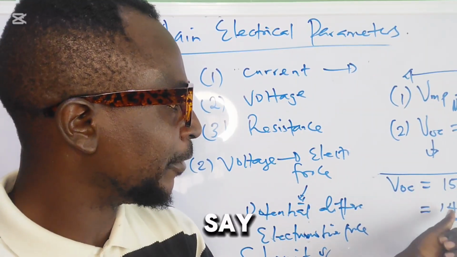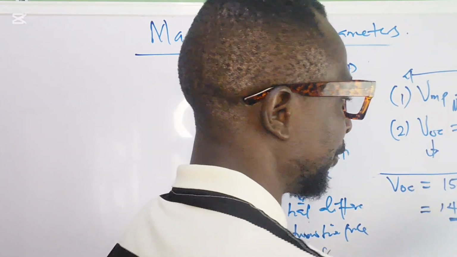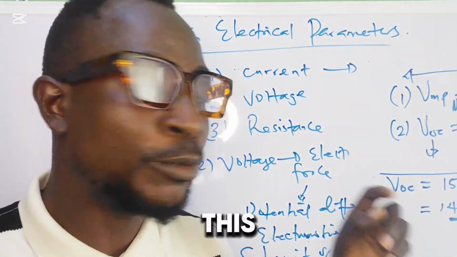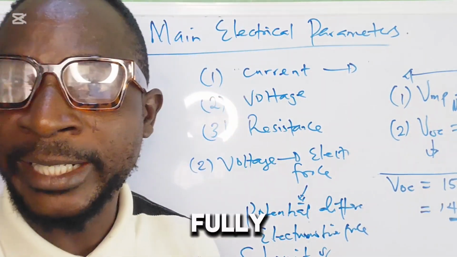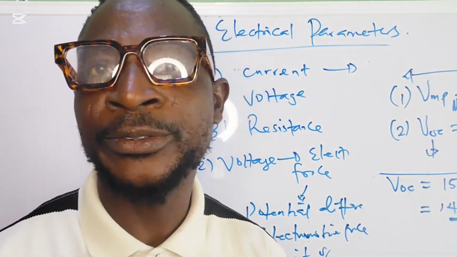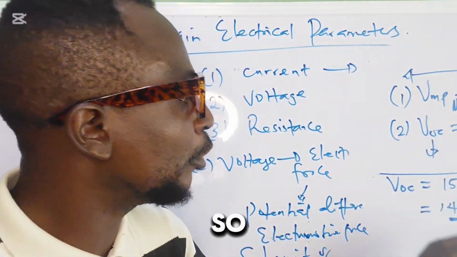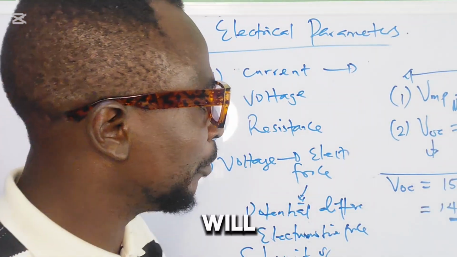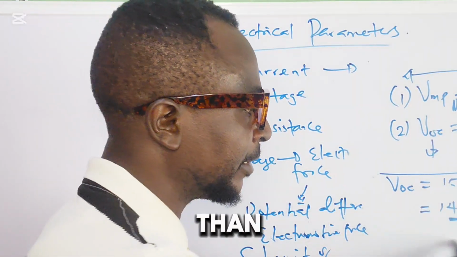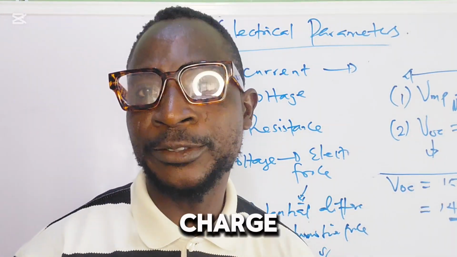Let's say your net VMP is also 145 volts. So if you use this to size your solar charge controller, this is what happens. Once your battery gets fully charged, the current flow is 0. And at 0 current, the voltage you will be getting is the open circuit voltage. So this is what will be coming into your charge controller. The 150 volts, of course, is higher than this. So definitely it will destroy your charge controller.